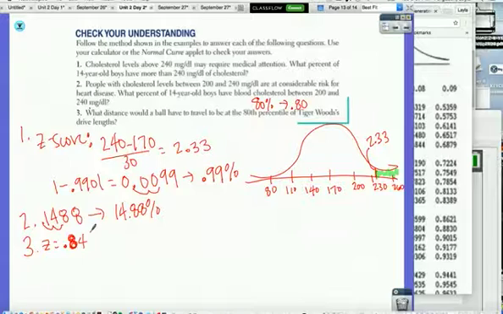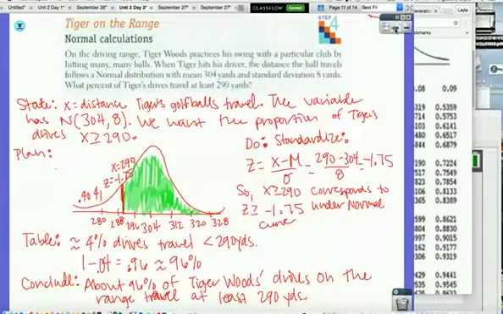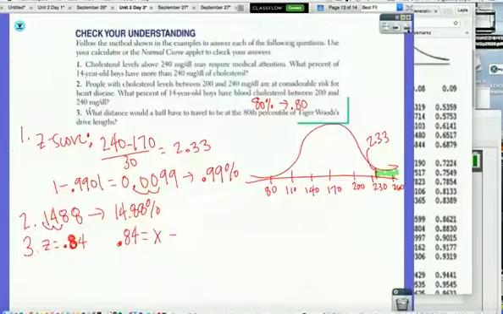And so knowing that the z is 0.84, my z-score is set up by saying 0.84 equals my observation minus my mean, which in our Tiger Woods example, the mean was 304, the standard deviation was 8. So x minus 304 over the standard deviation, which is 8. And this one I would need to solve for x, so I'm going to multiply both sides by 8.